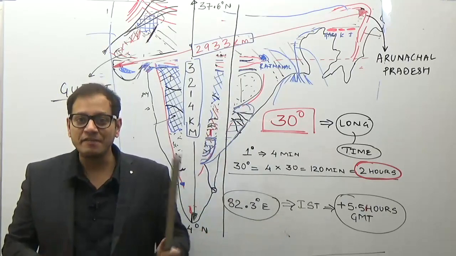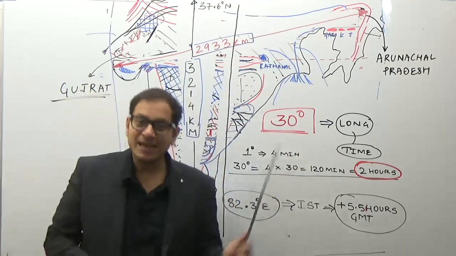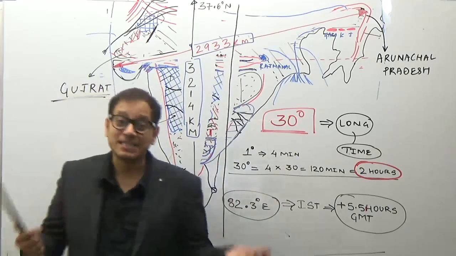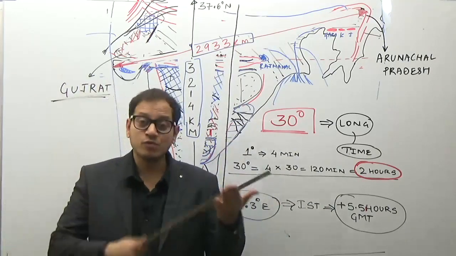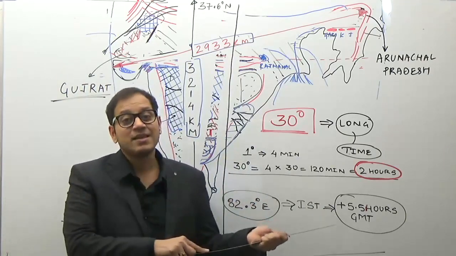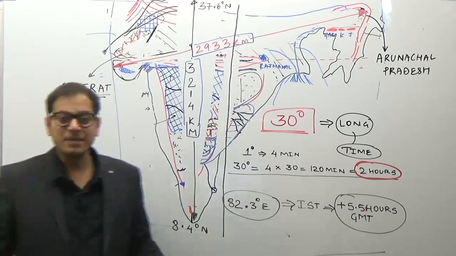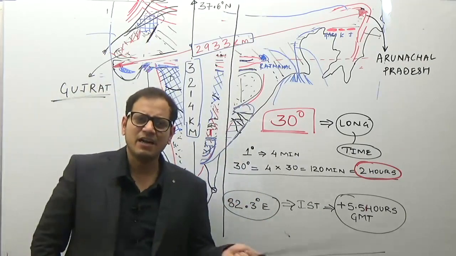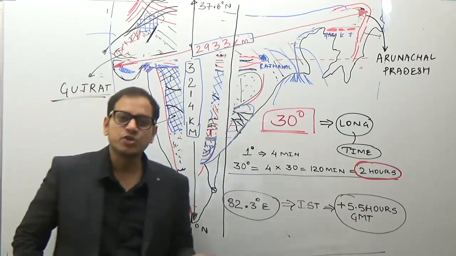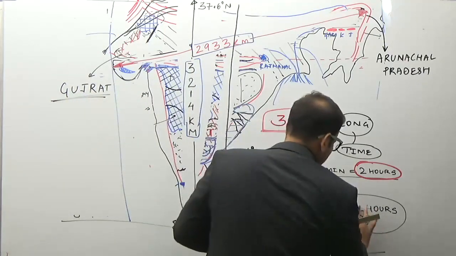We are to the east, so we will be ahead of Greenwich Mean Time, which means evening. So if it's afternoon 1 o'clock in London, in India it is evening 6:30.